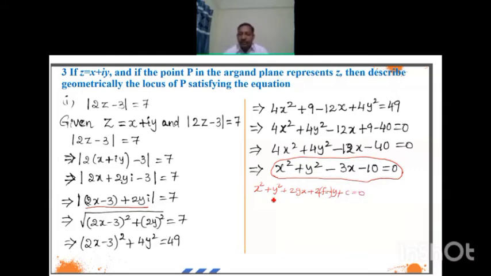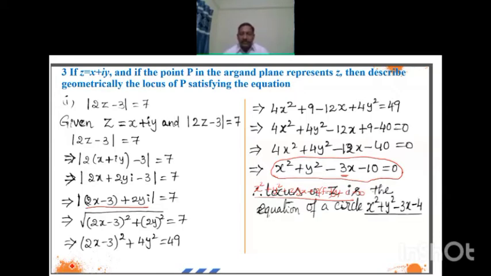This is the equation of a circle with center (minus g, minus f). So here the center is (3 by 2, 0) and with a certain radius. Therefore, the locus is a circle. The equation of the circle is x square plus y square minus 3x minus 4. So let us move on to another question.